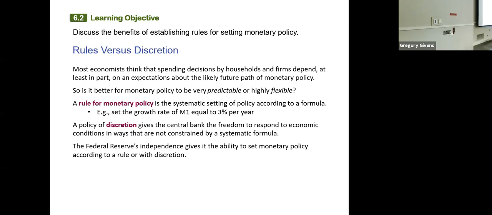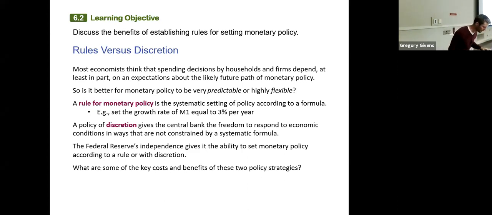That is, if the Fed wants to, it can set policy according to something that looks like a rule, or the Fed can set monetary policy according to a kind of discretionary behavior. Now, the Fed, of course, is obligated to pursue the dual mandate, right? It's supposed to accomplish price stability and full employment, but the way it goes about accomplishing those goals is really up to the Fed. It can follow a rule, or it can follow discretion.